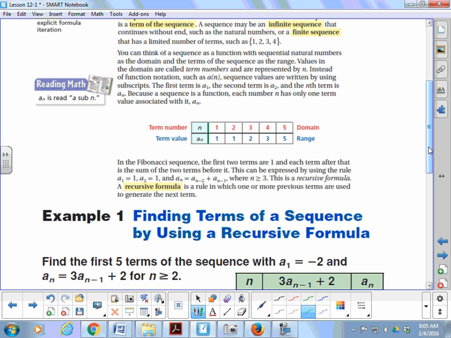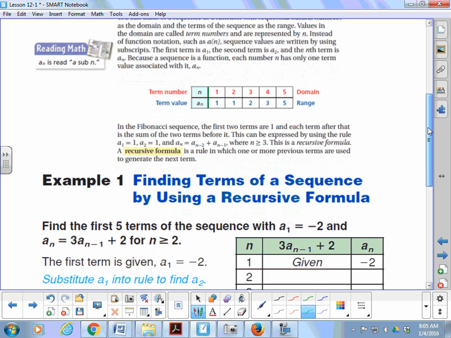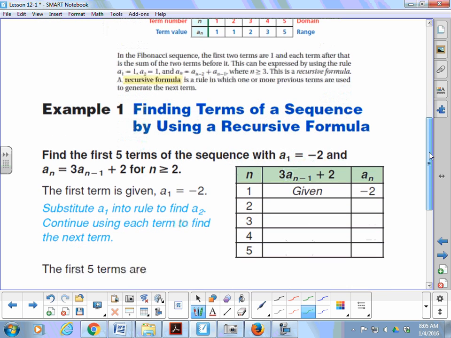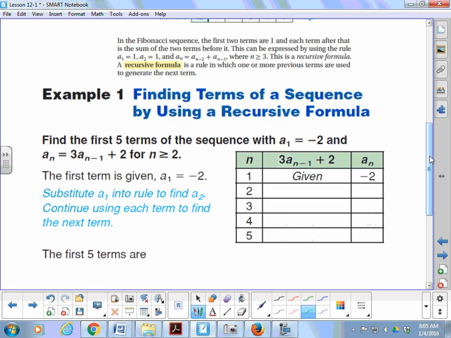All right? And so recursive formulas actually are always using subscripts, and they say, okay, here's a formula, and I'm going to find the next term using this formula. And so with a recursive formula, we see it written something like this one here, which says a sub n equals 3 times a sub n minus 1 plus 2.